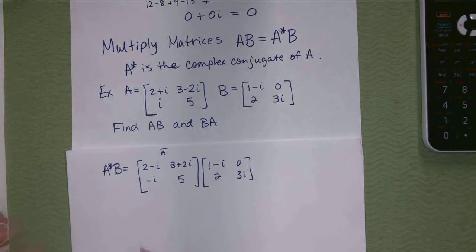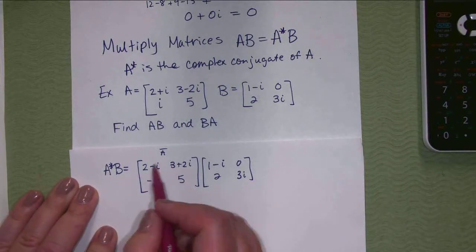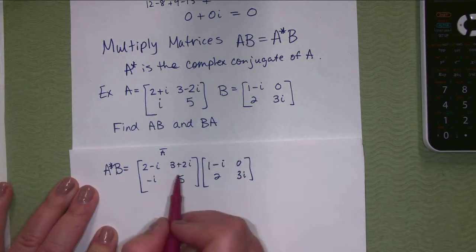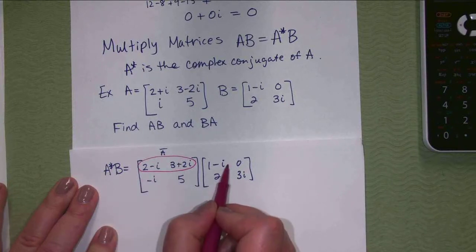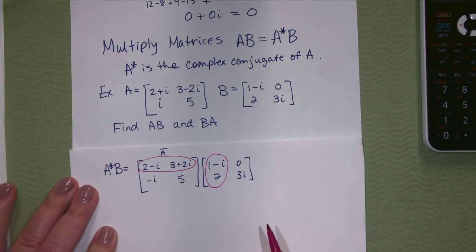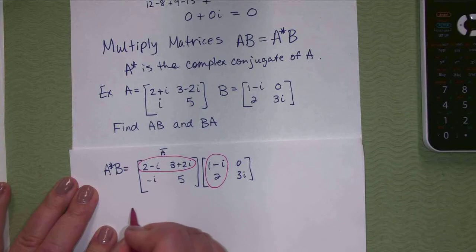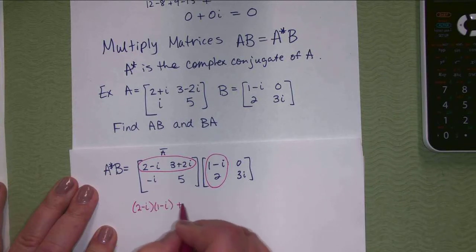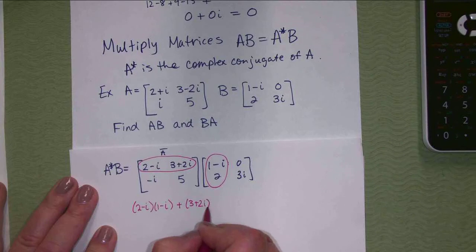Okay, and multiplying is doing a whole bunch of dot products, and that's why this rule applies here too. So you're doing the dot product of that vector with that vector for our start. So 2 minus i times 1 minus i plus 3 plus 2i times 2.